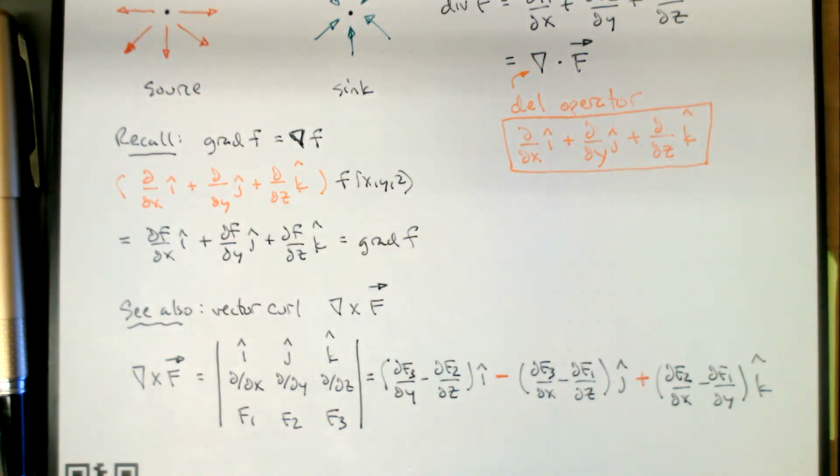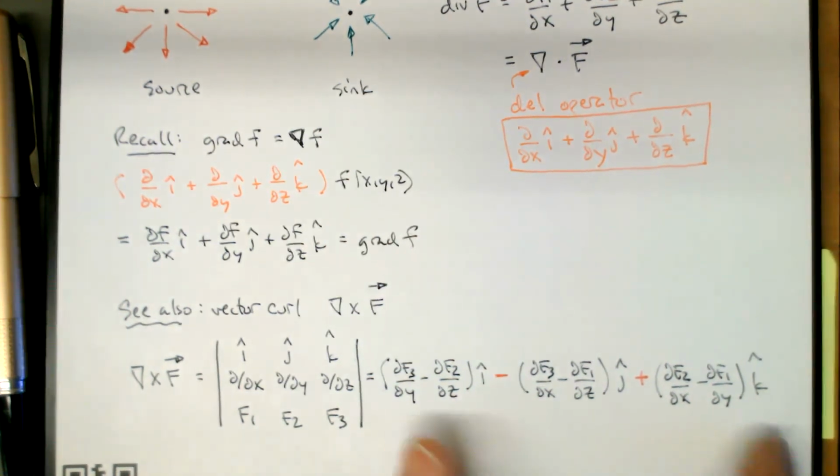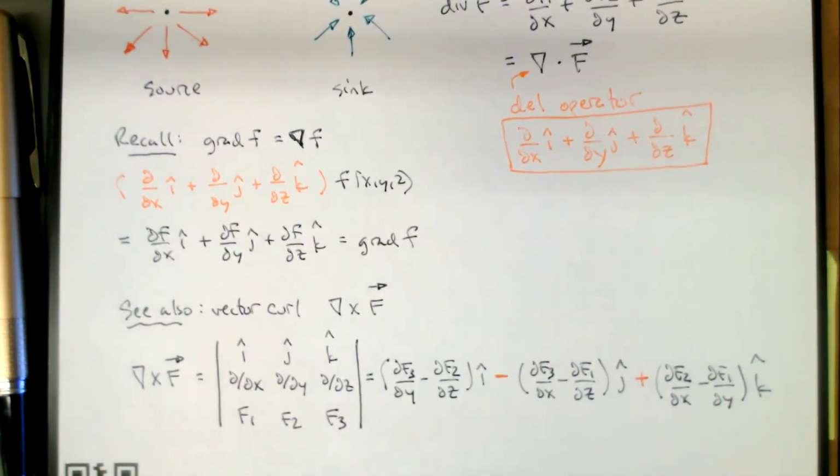This is the way that I prefer to remember, with the j term being negative, because I like to remember this using this cross product, rather than just trying to take this expression and remember it. You can remember this expression by remembering where it came from and understanding how determinants are calculated.